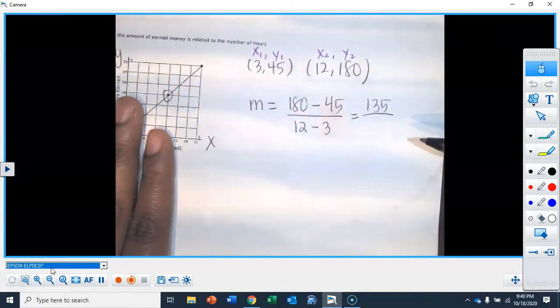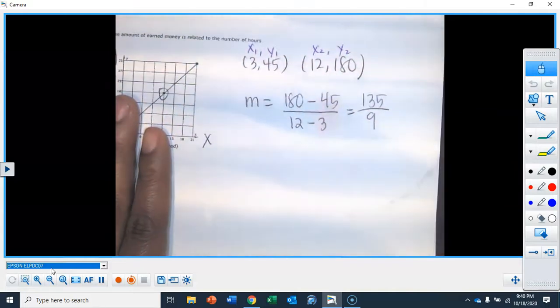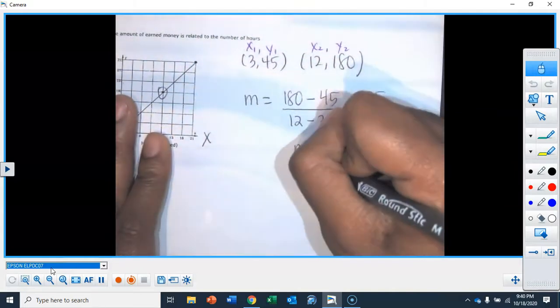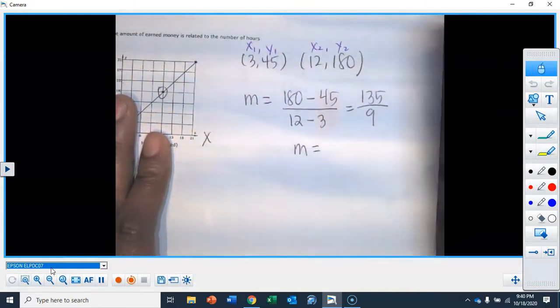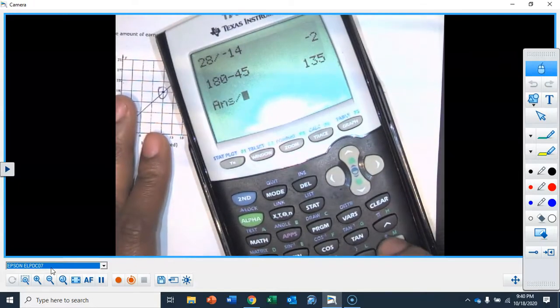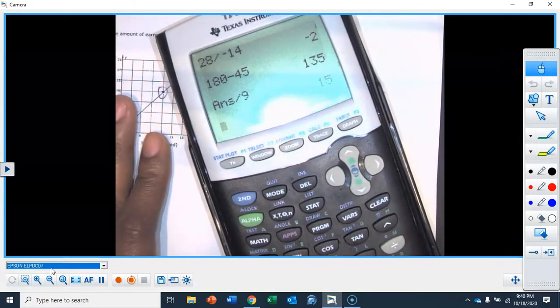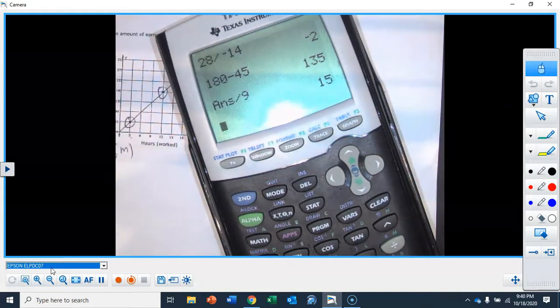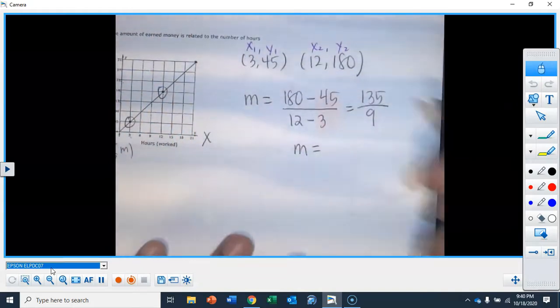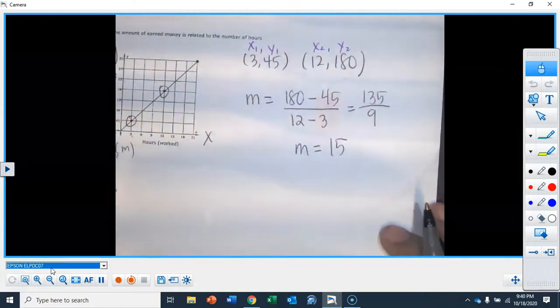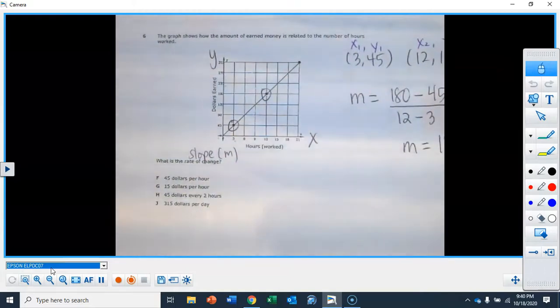And if you do 12 minus 3, it's going to be 9. Okay, if you do 135 divided by 9, so I'm going to take 135, hit the division symbol. It takes the last answer, which was this. Dividing it by 9, you get 15. So m is 15. Easy, easy, easy. That's our slope. Okay, so now the answer would be G, $15 per hour.